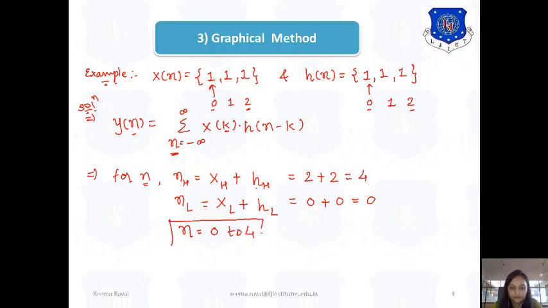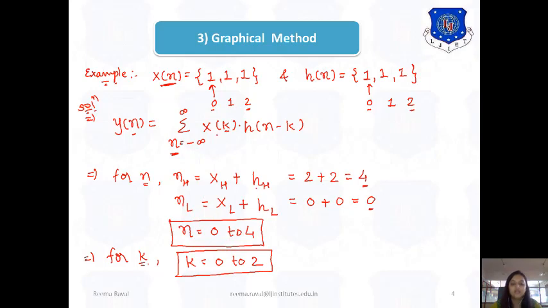Over here the lower range is 0 and the higher range is 4. Now we have to define the range of k. For k, you know that the range of k will always be equal to the range of x of n. So for k the range will be 0 to 2, because the range of the given x of n is 0 to 2.